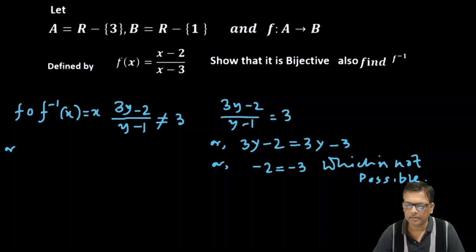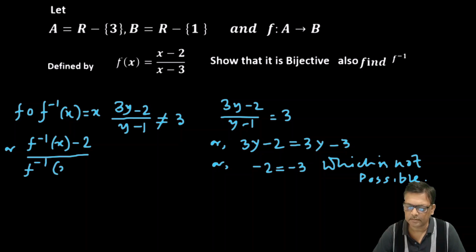Or you can write (f inverse x minus 2) divided by (f inverse x minus 3) equal to x.